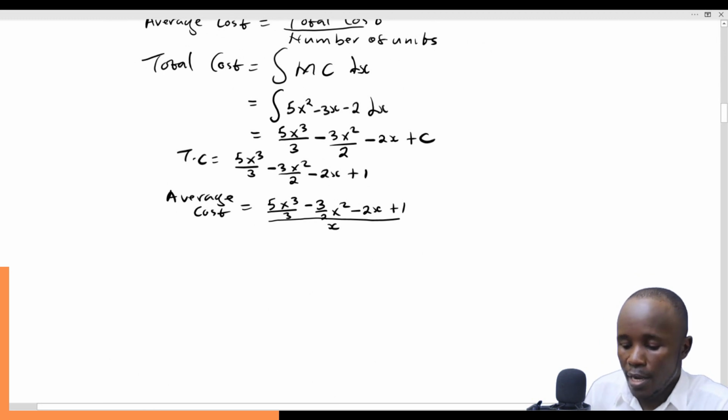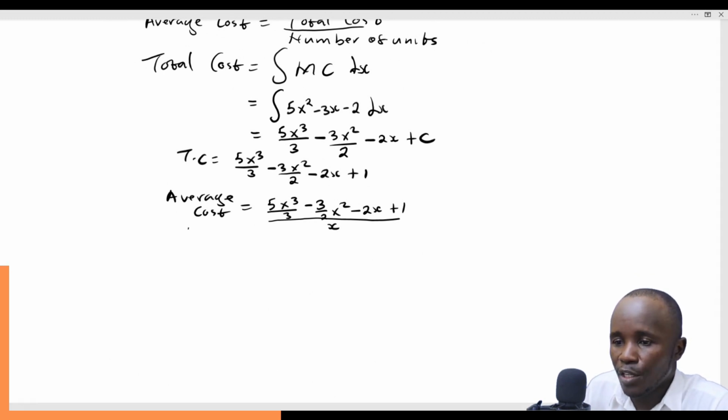So finally, our average cost will be this divided by x. You get 5x squared over 3 minus 3 over 2 x minus 2 plus 1 over x.